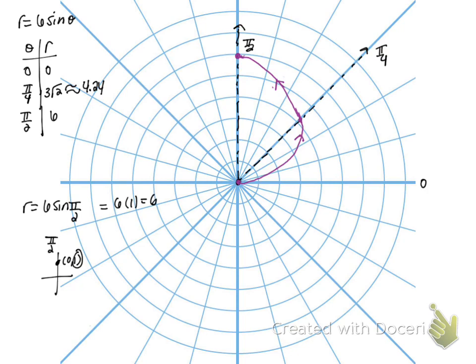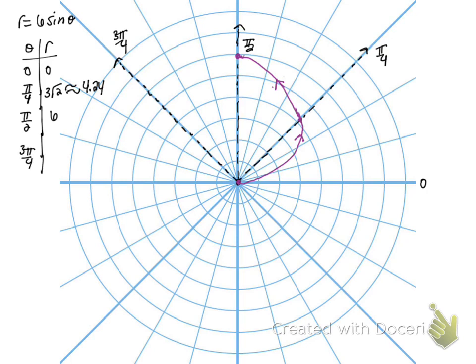Okay, and then just keeping with my pi/4 theme, I'm going to use 45 degrees over here in quadrant 2, which we know is 3pi/4. I'm going to plug that in for my theta. So I have 6 times the sine of 3pi/4. Again, the reference angle is 45, and we're in quadrant 2. We know from our triangle earlier, or from our points on the unit circle, that's root 2 over 2.